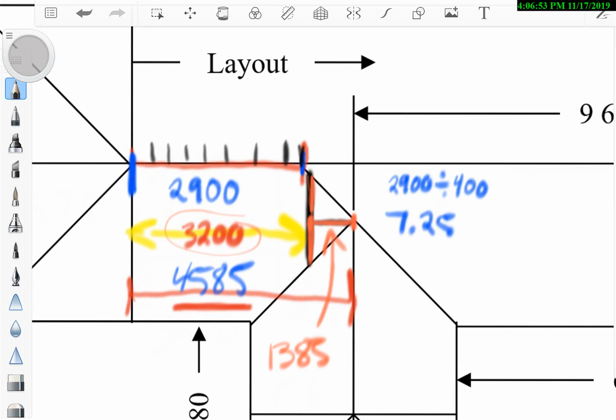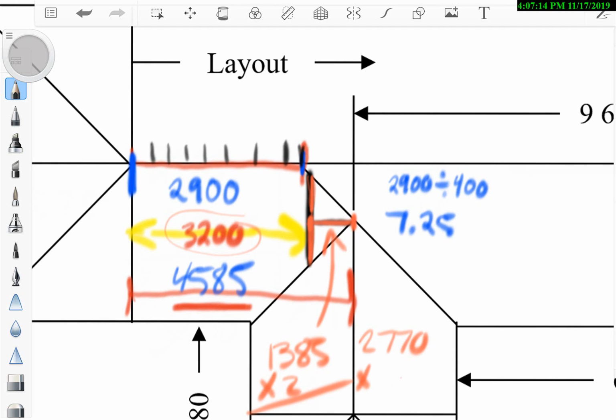So we simply take the 1385 and times it by 2, and then we multiply the answer. That gives us 2770. Then we simply multiply that by our slope ratio common, which is 1.1873.